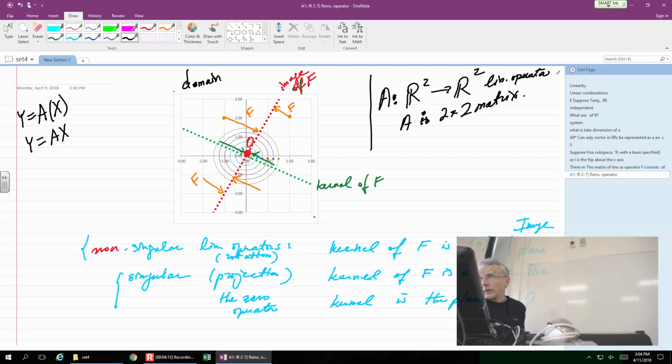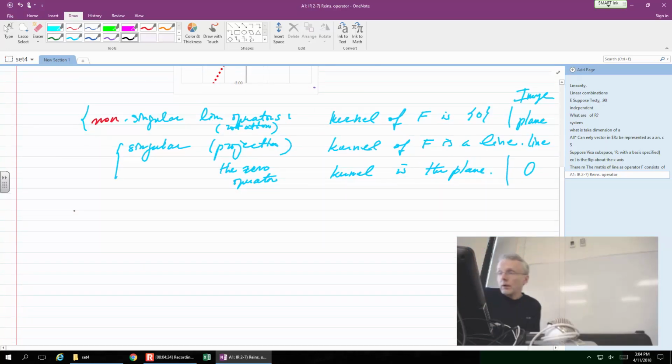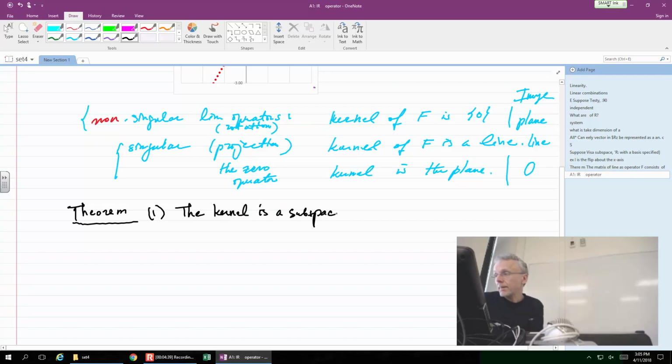Before we go back to examples, let me make this statement. Theorem, part 1: the kernel is a subspace. It requires proof, but it's not too complicated.